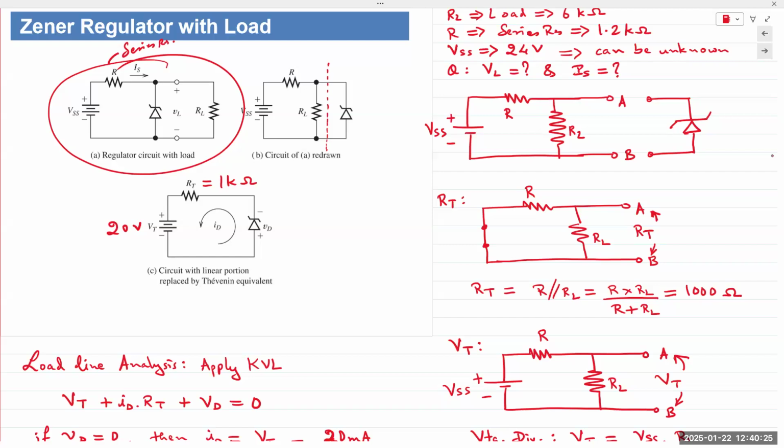Let's just say it's 1 milliamp, random number. So 1 milliamp is coming from the supply voltage. Some of it splits. If you apply KCL at the top, it goes through the Zener diode and it goes through the load resistor. Now, the application of the Zener diode is to function as a regulator.